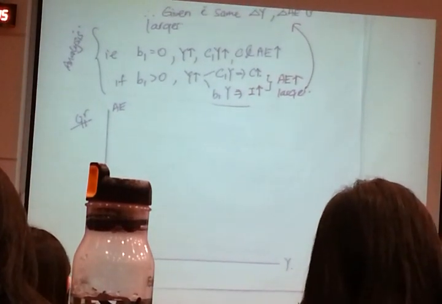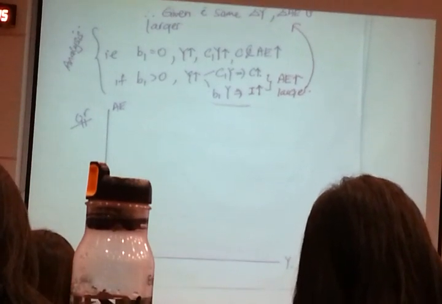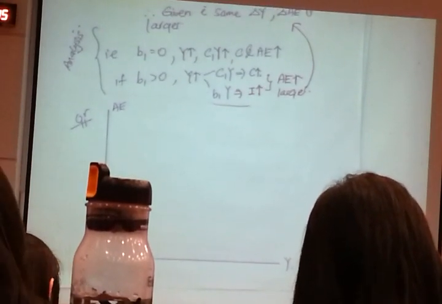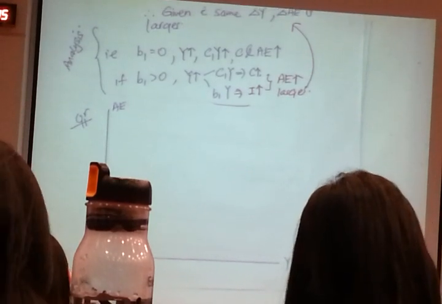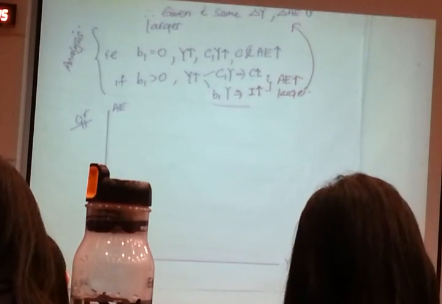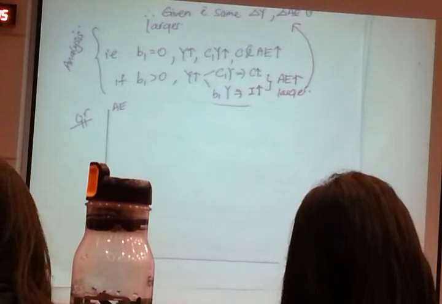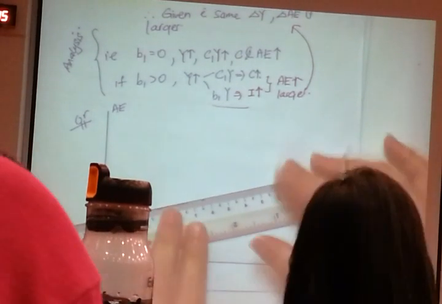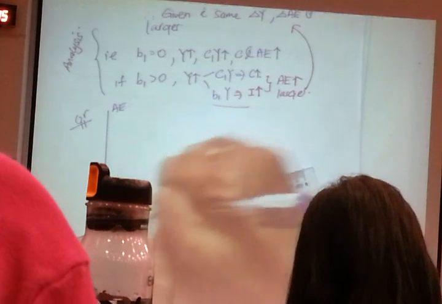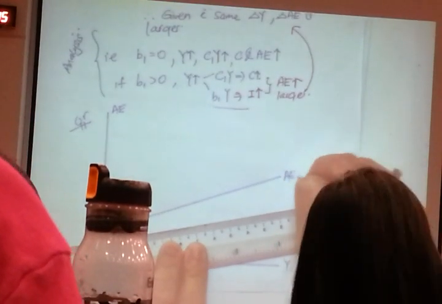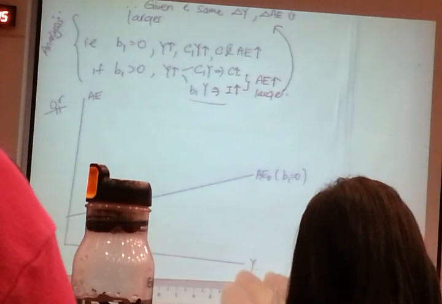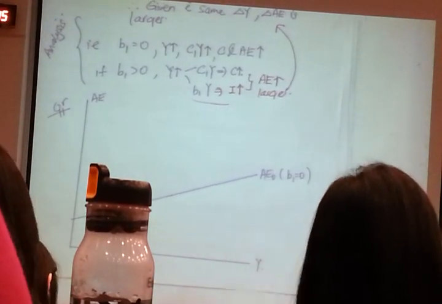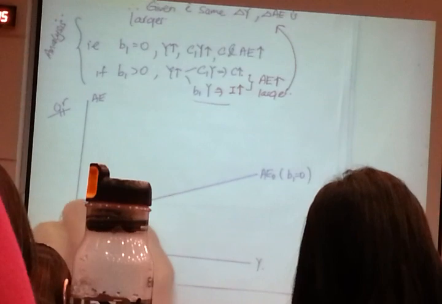Go back and try, and master both if you can, because you never know during the exam when they change the question, your technique allows you to deal with complicated questions. So if I were to do the diagram, it will look like this. I have my initial AE naught when B1 was 0, so my intercept was A bar.